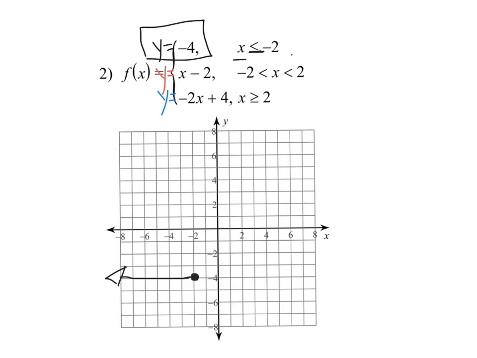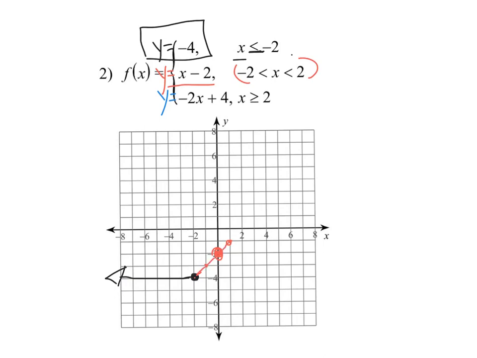So then we're going to move on to the second equation, x minus 2. So again, this is another linear equation. Our y-intercept is at -2. Our slope is a 1. And our constraints are x between -2 and +2. So the next point, if I follow the slope, would be right here, but it would be an open circle. So I don't need to add anything to that.